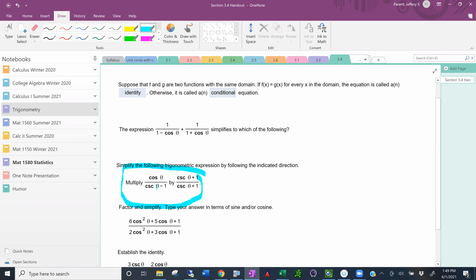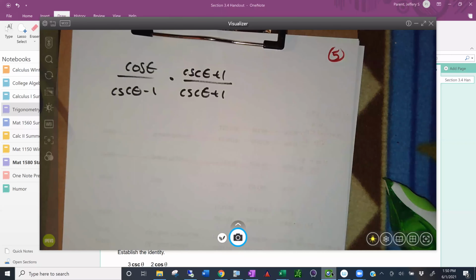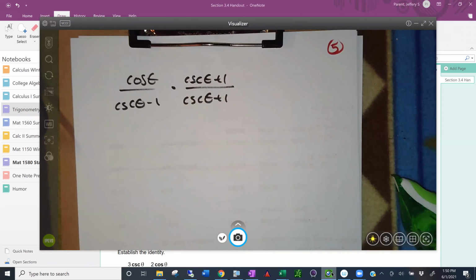Cosine of theta over cosecant of theta minus 1 times cosecant of theta plus 1 over cosecant of theta plus 1. So, okay, let's take a look here.